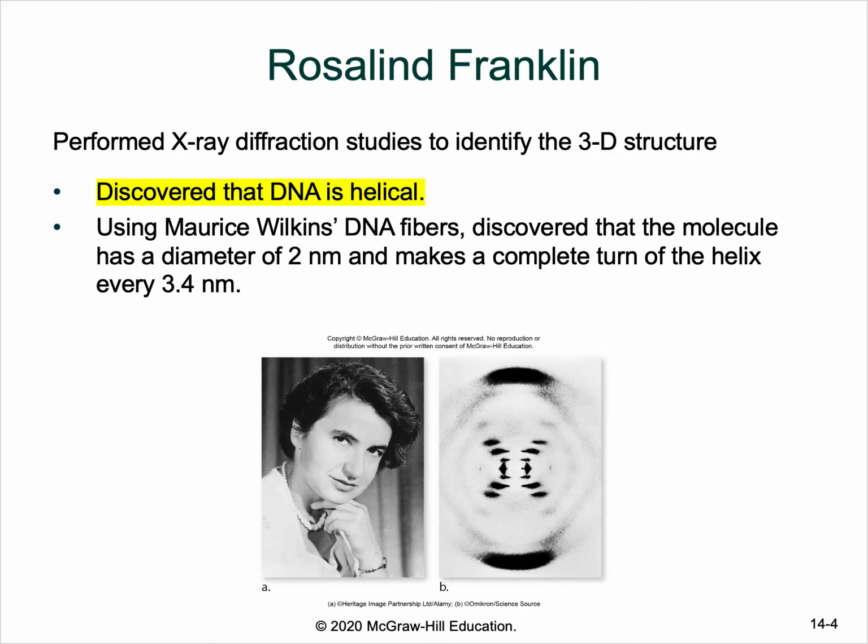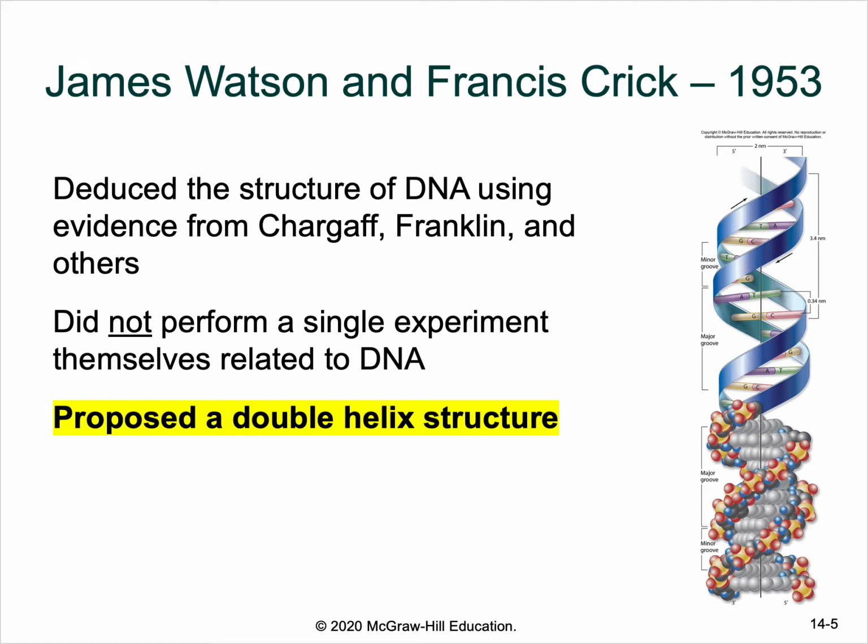And then with that finding, these 2 men, Mr. Watson and Mr. Crick, took the findings of Chargaff, that A equals T and G equals C, and then they took Rosalind Franklin's work, that DNA is helical, and putting those 2 things together, they are the ones that came up with DNA being a double helix structure.